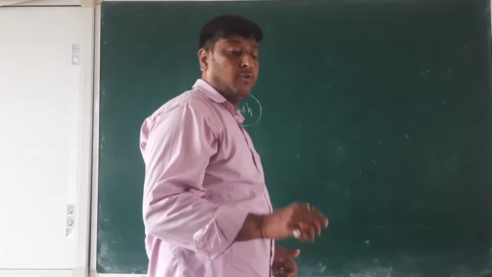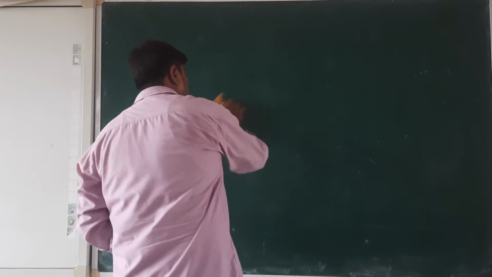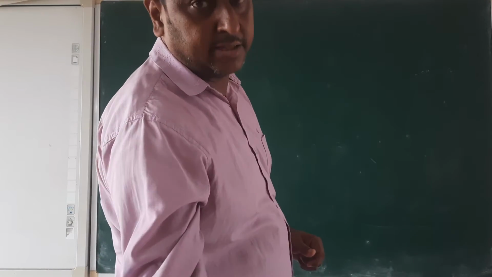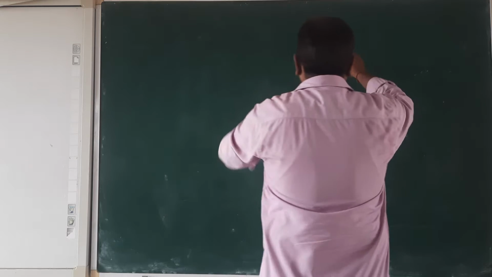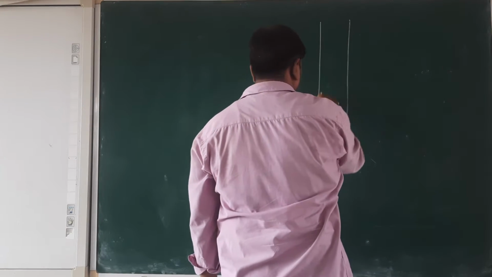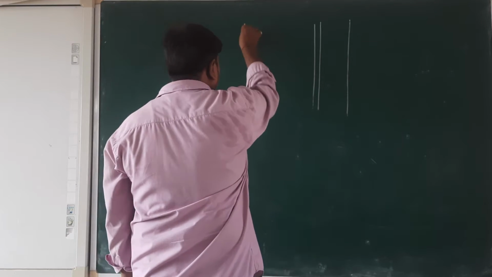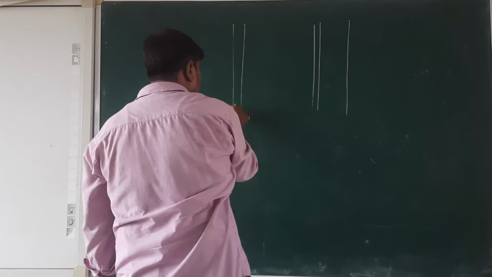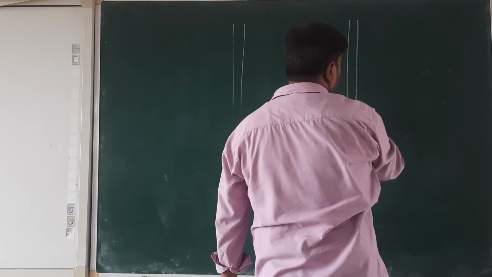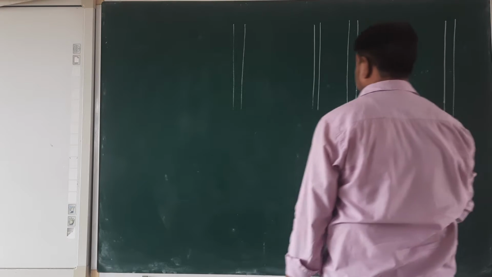Okay beta, for that first we have to know about the proforma of the ledger, how we are going to make the ledger. Just see, two sides, one column for amount, JF, then date, then amount.